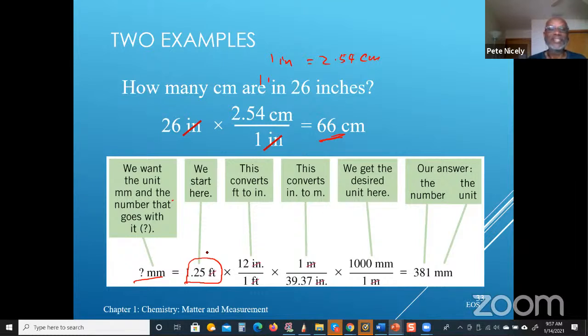So in this case, they converted first the feet to inches, and we all know the relationship between the foot unit and the inch unit, 12 inches equal 1 foot. And then we go from inches to meters, this relationship can be found in the handout. And then we go from meters to millimeters. And then of course we do the unit cancellation and you do your mathematical operation.